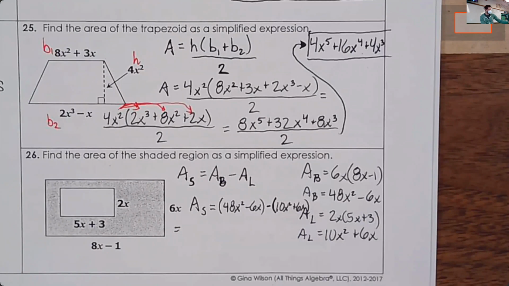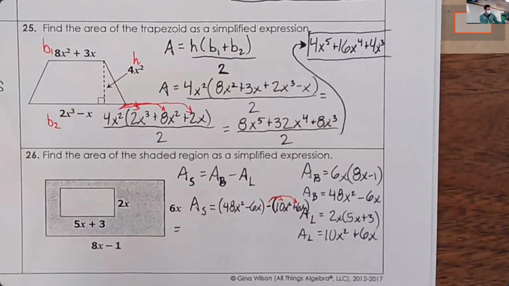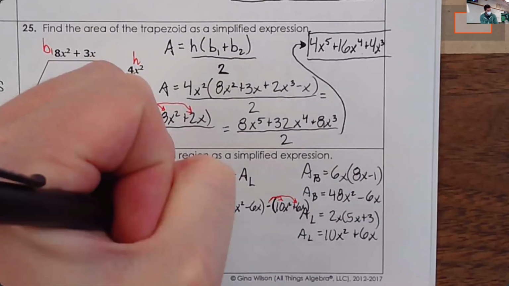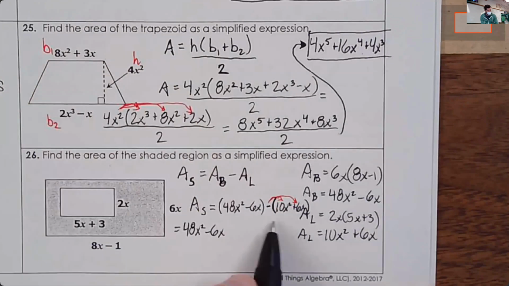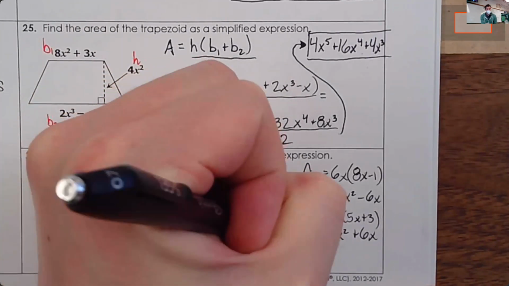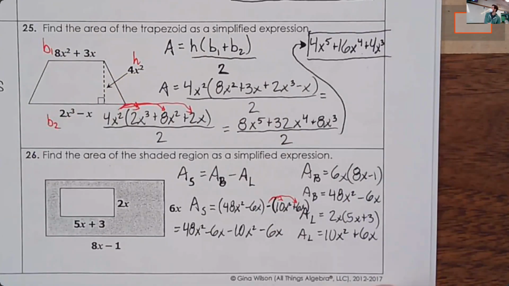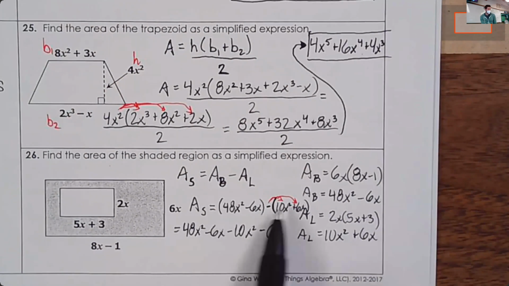And so we're going to take our negative and distribute it just like we did yesterday. We have to give that to both of them. So that'll be 48x squared minus 6x minus 10x squared minus 6x again. So we distribute that negative. Polynomial subtraction, just like what we did yesterday.